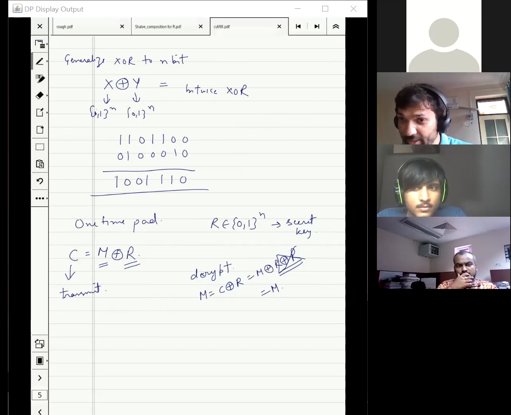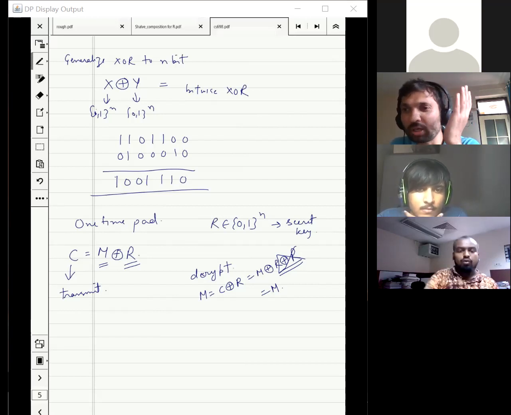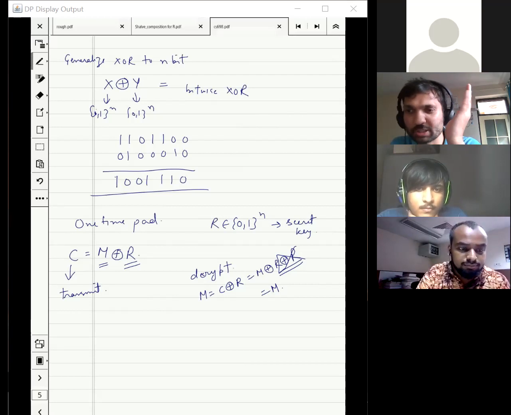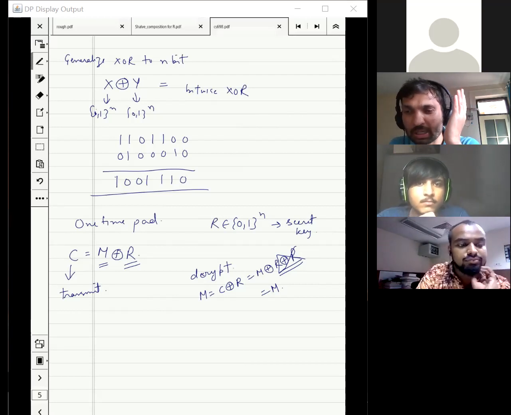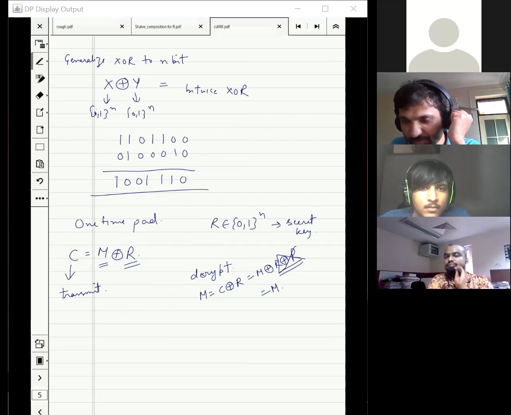That is required, but that is going to be a very, very bad thing for the security. No? So, I mean, you want Bob to recover, that we have already shown using the decryption protocol. But I guess just by seeing the ciphertext, C, and without knowing R, we shouldn't be able to make any claim as to what M is.